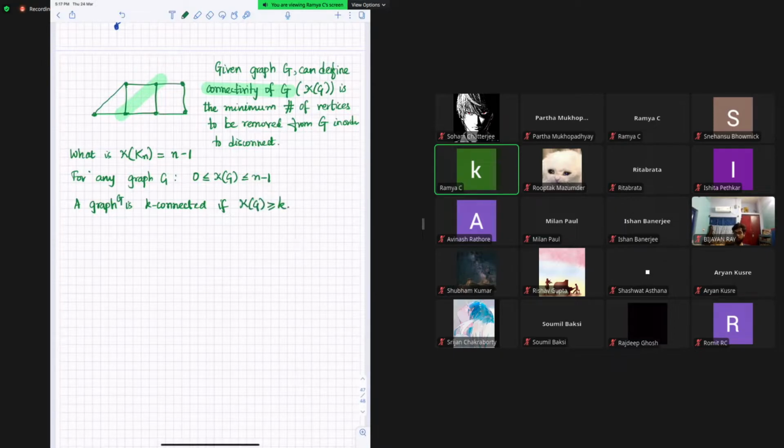Right? So sometimes in order to make things clear, we say k vertex connected because we will have a similar definition for edge connected also, which we'll see later. So what does k connected mean? That is, you have to remove at least k vertices in order to disconnect the graph, which means that there is no cut set of size k minus 1. Is this definition clear?